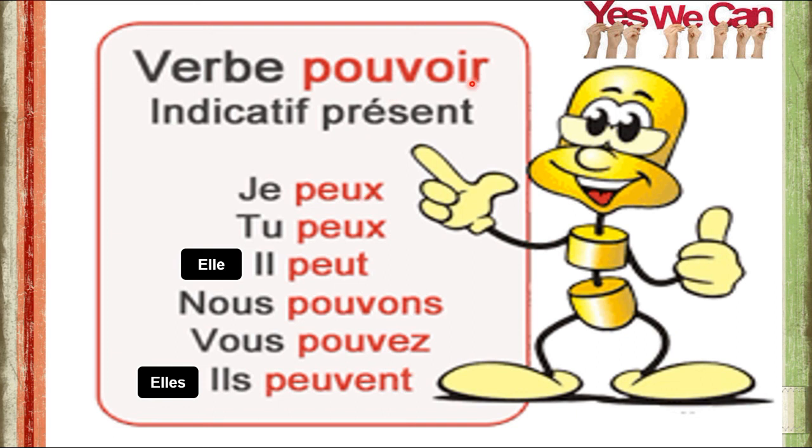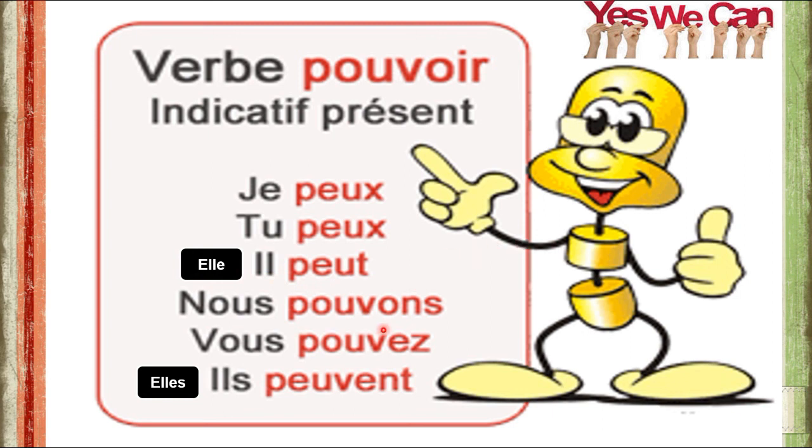Verb pouvoir is a verb for the third group. OIR, third group. Bravo. So I say je peux, I can. Tu peux, the same pronunciation, you can. Il peut, il the boy, elle the girl, elle peut or il peut. After that, I will use a verb in infinitive form.